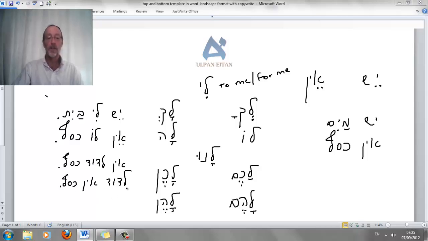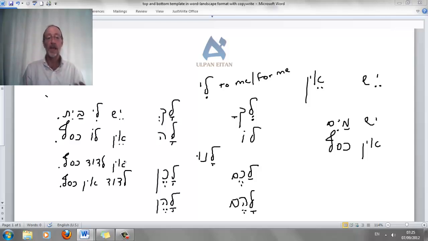The point that I want you to take away and be sure that you understand is that ein is being used together with a lamed, associated with the Li chart, because having or possession is expressed by those two components together.